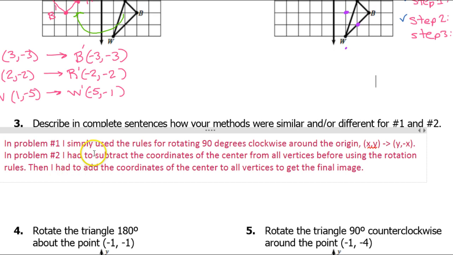In problem number 1, I simply used the rules for rotating 90 degrees clockwise around the origin. (x, y) becomes (y, -x). In problem 2, I had to subtract the coordinates of the center of rotation from all the vertices before using the rotation rules. Then I had to add the coordinates of the center back to all of the vertices to get the final image.